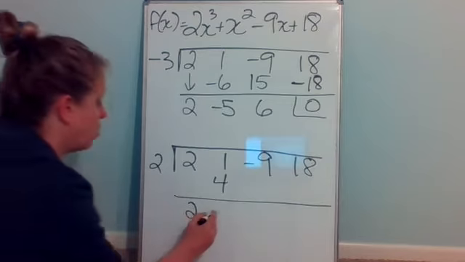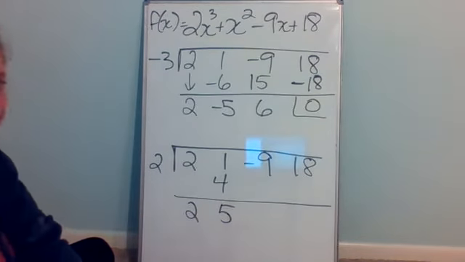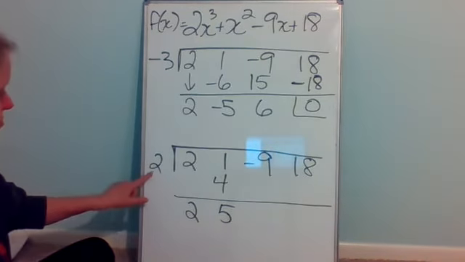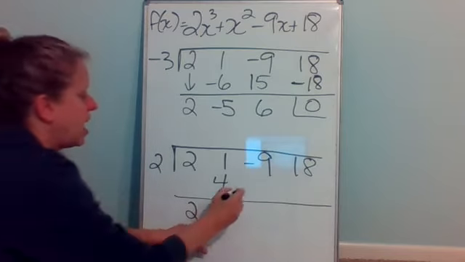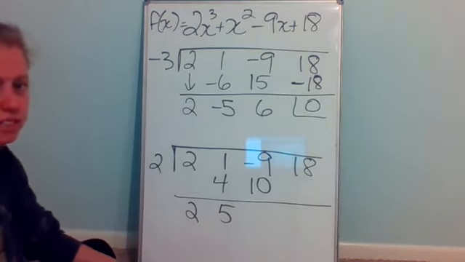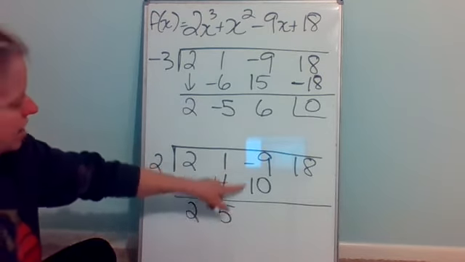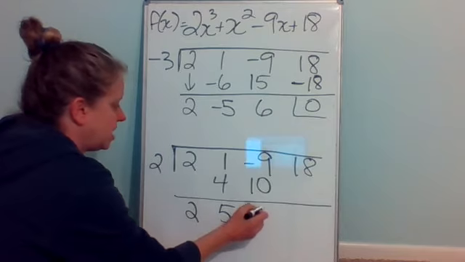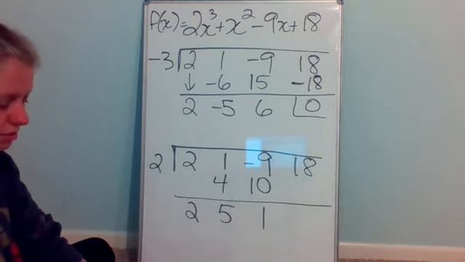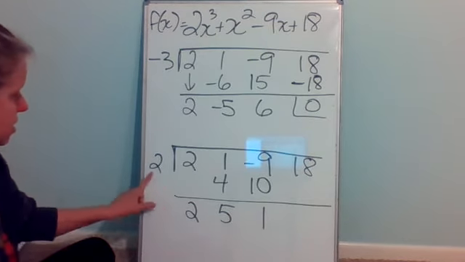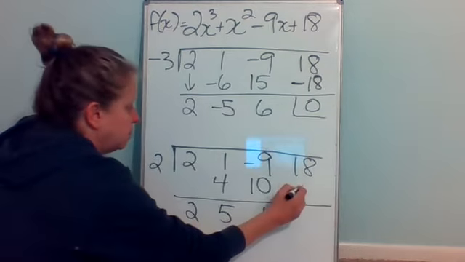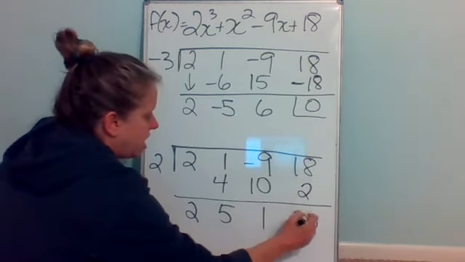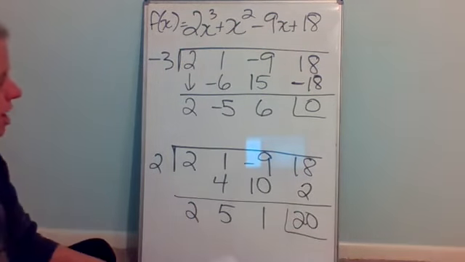Add it straight down. 1 and 4 gives me 5. 2 times 5 gives me 10. When I add this straight down, -9 and 10 just gives me 1. 2 times 1 gives me 2, and add that straight down, and it gives me 20.